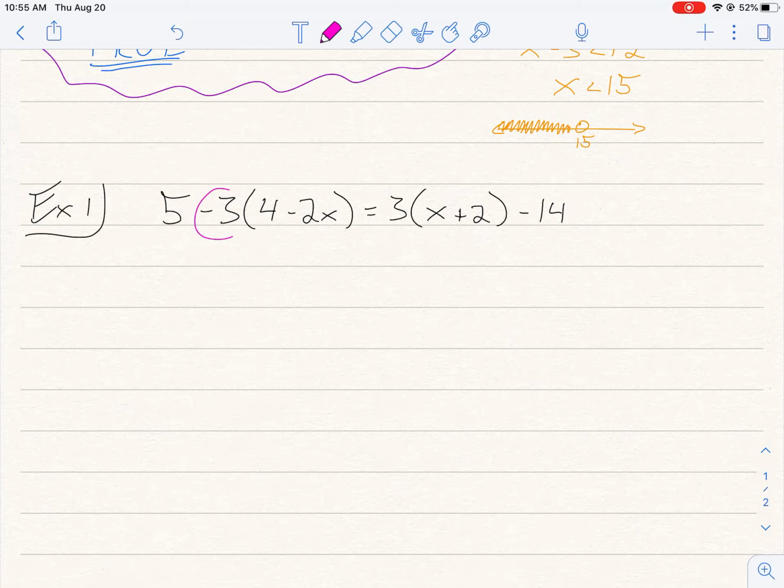So I actually want to distribute this negative 3 inside my parentheses, as well as over here I can distribute this 3 inside my parentheses. So my next line, I have 5 minus 12 plus 6x is equal to 3x plus 6 minus 14. So always distribute first.